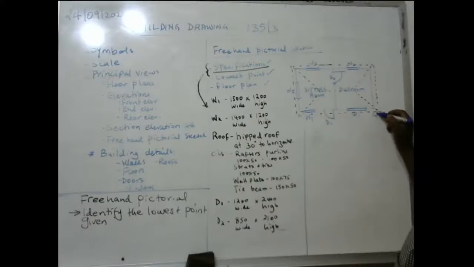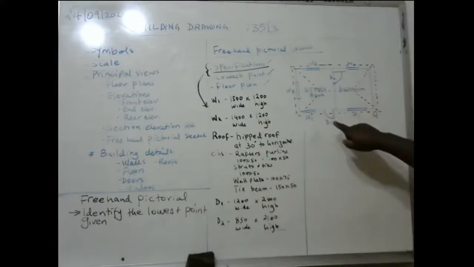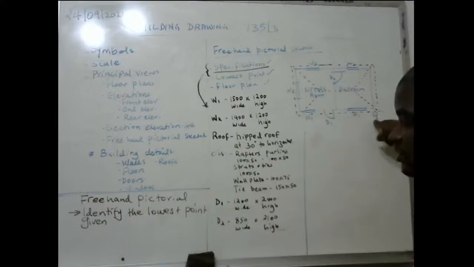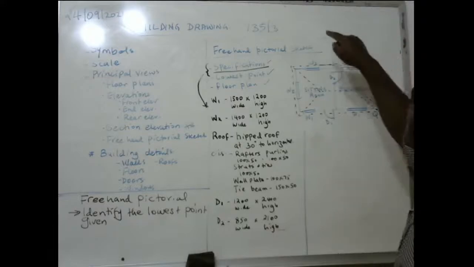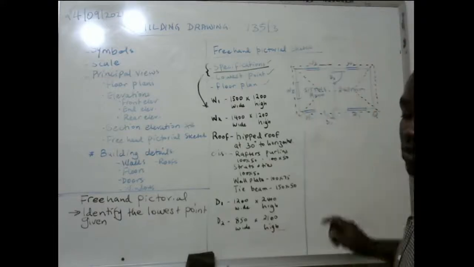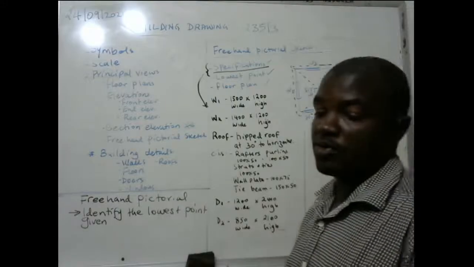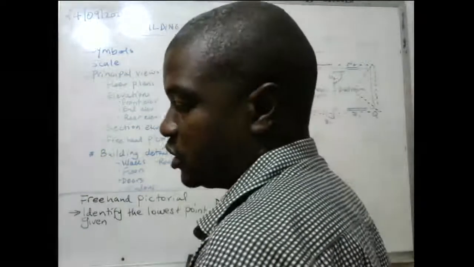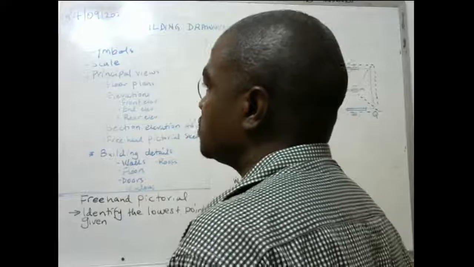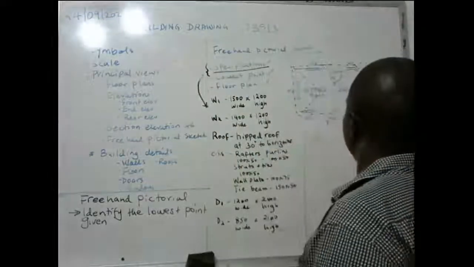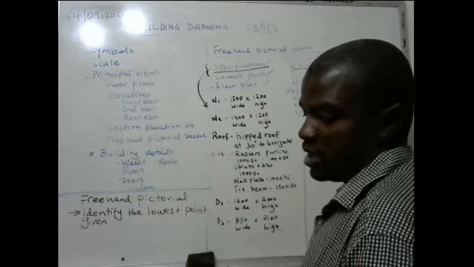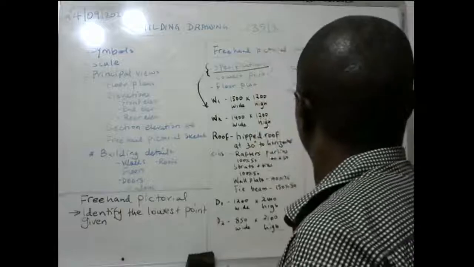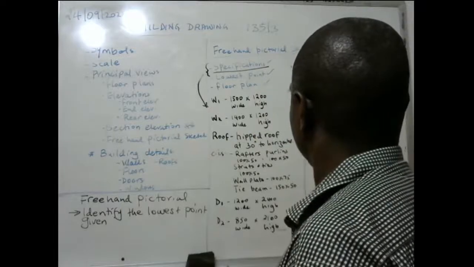It's here at this corner. So if that is the lowest point that we have talked about, then you must identify it and say it is here. It is not here, it is not there. Usually the lowest point that is given is one of the corners of the building. So identifying it means where is it positioned? It is here, not any other point. That is the lowest point that has been given.